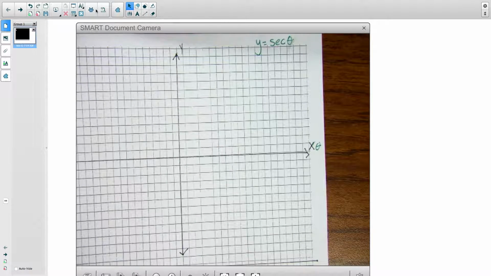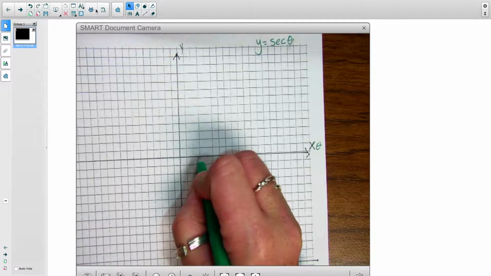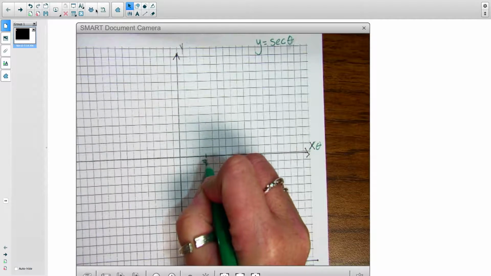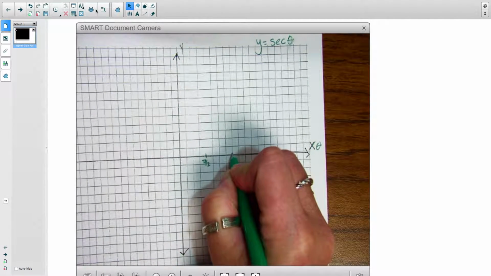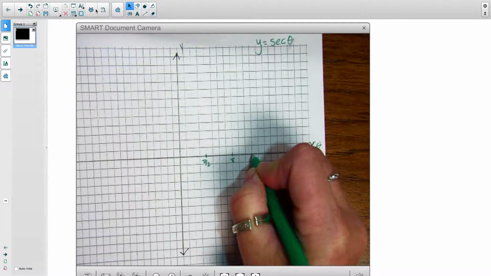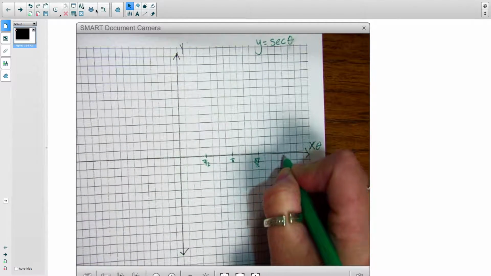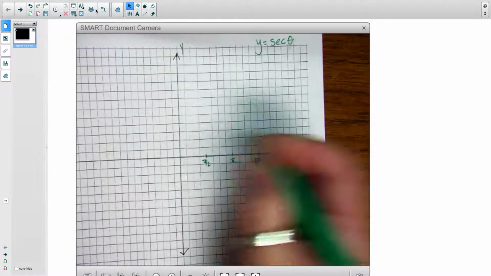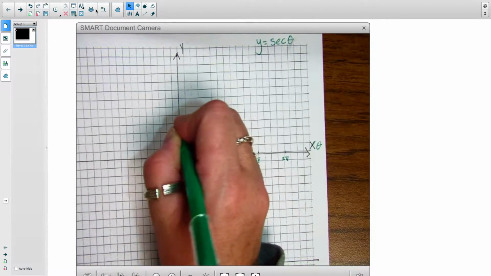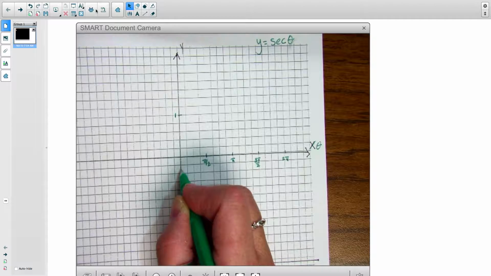All right, so we did every fourth one. That was pi over 2, pi, 3 pi over 2, and 2 pi. And then we went up 5 was 1.